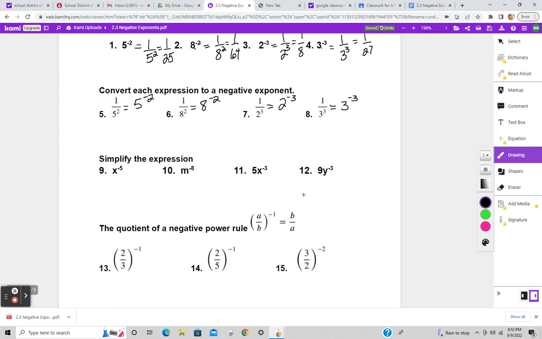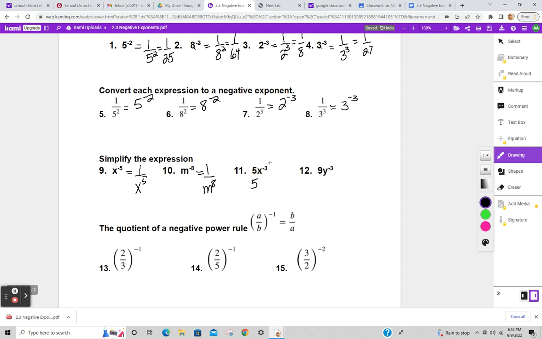All right, see, all these powers here have negative powers. So let's simplify them. So this will be 1 over x to the 5th. This will be 1 over m to the 8th power. Now this one here is a little bit more work. 5 is going nowhere. Okay, we're not changing 5 at all.